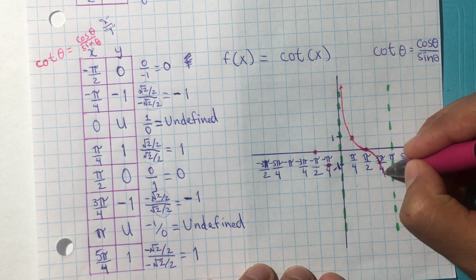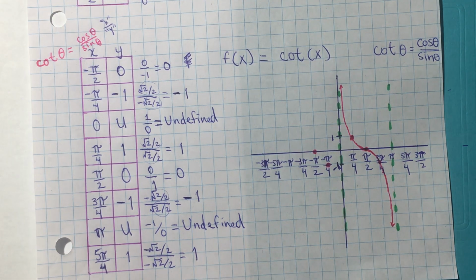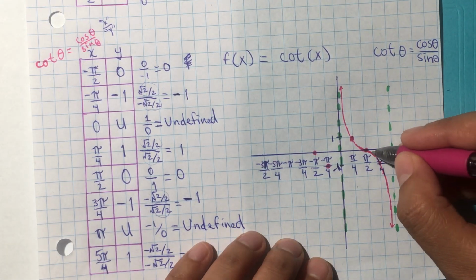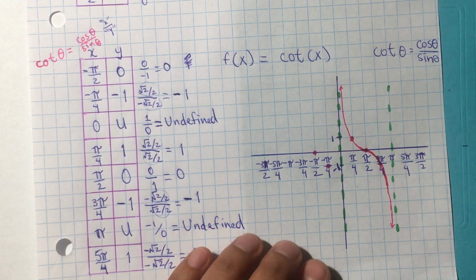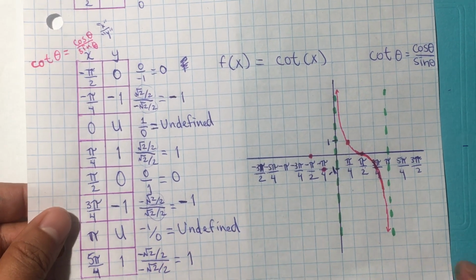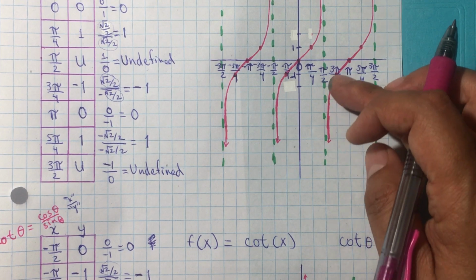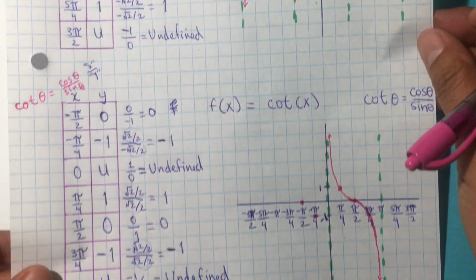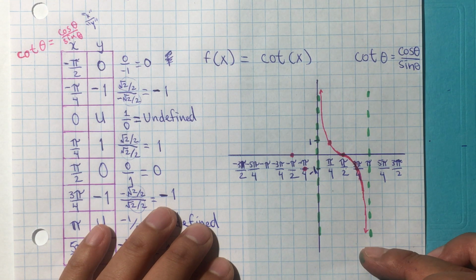Okay, so we do the same thing in this direction, more or less. Now I want you to see, and we'll graph the other ones, how this goes kind of like a positive way, and then this is the reciprocal, goes down.